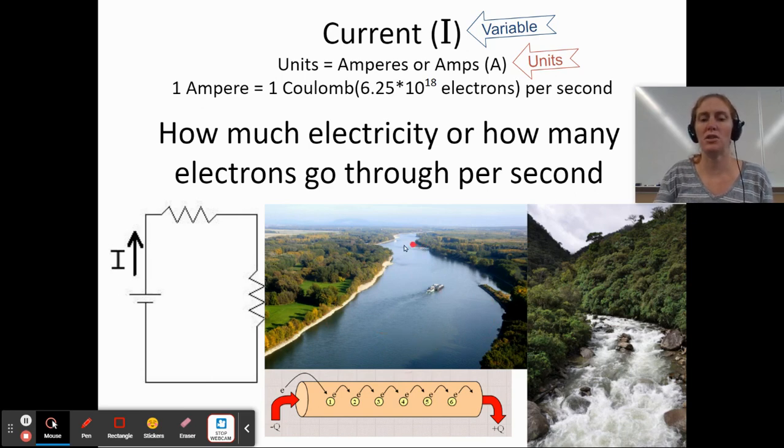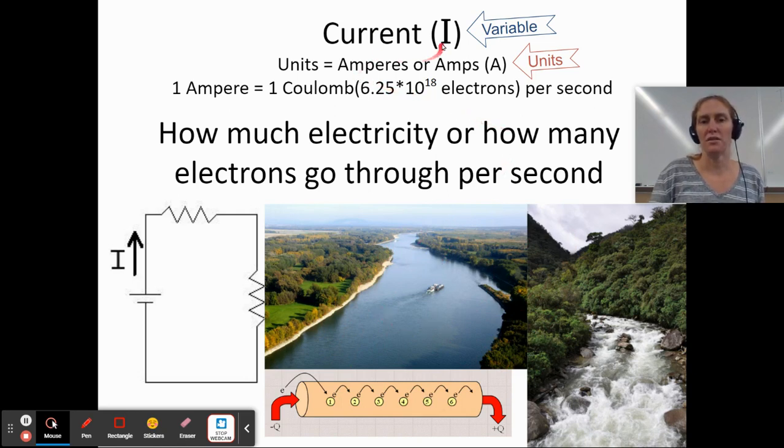So if we were talking about this in terms of electricity and electrical current, this would have a much bigger current because it just has more water going through it. Even though this is a small, quick river, it doesn't have that much water going through it. So it's a little bit weird because it's counterintuitive to your normal thought process for what current is. But we're really talking about how much water or how much electricity is getting through per second.